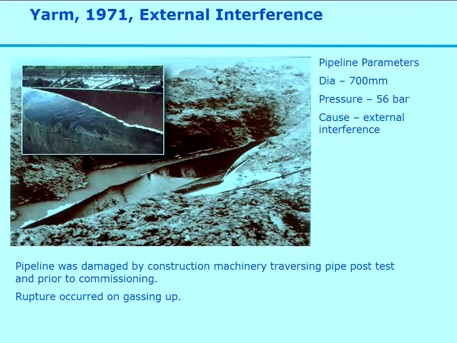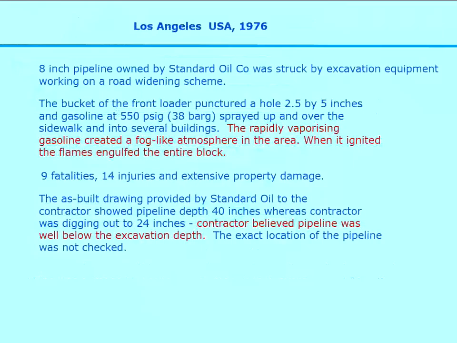Right, I've put this particular incident in because it's still a reference incident for pipeline quantified risk assessment. It's an old incident that occurred in the USA, on a gasoline pipeline which was struck by basically a digger bucket.